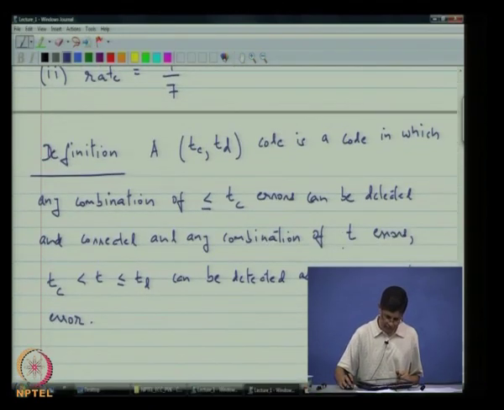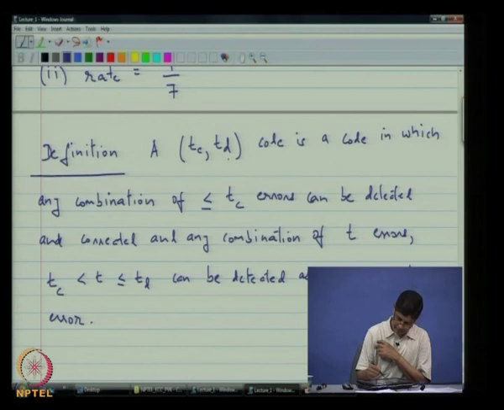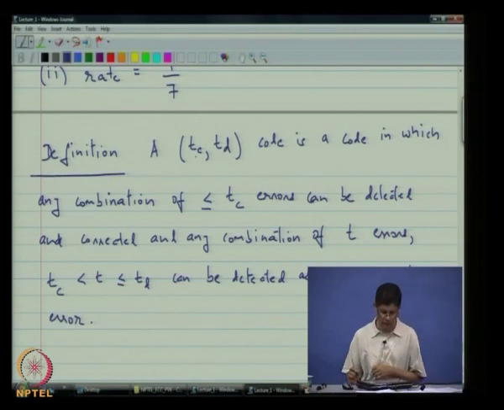This automatically implies that T sub D is always greater than or equal to T sub C in any code.